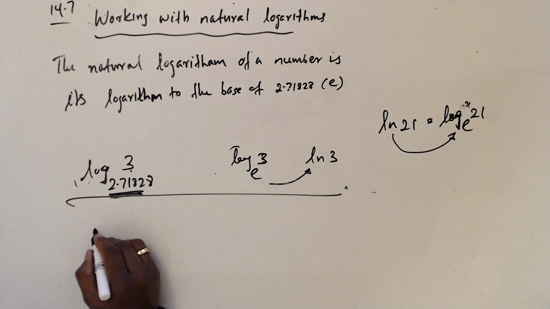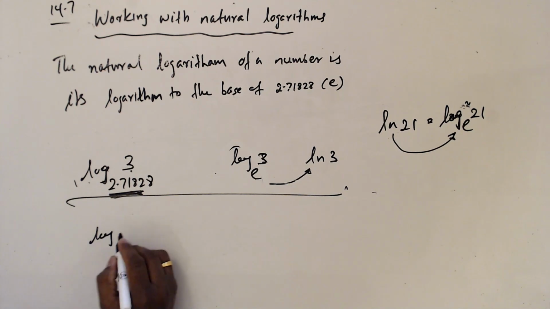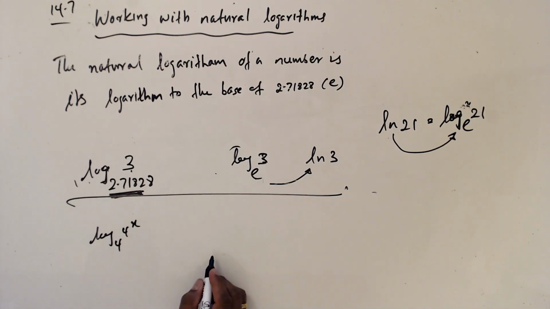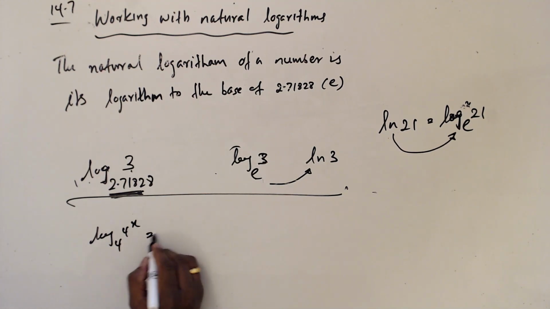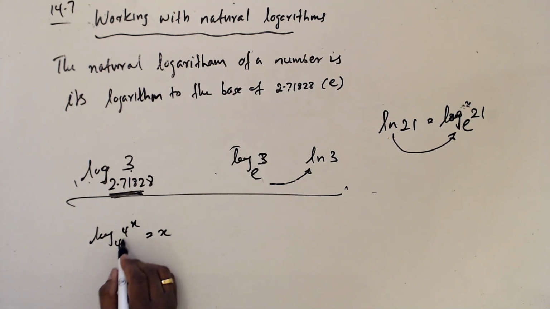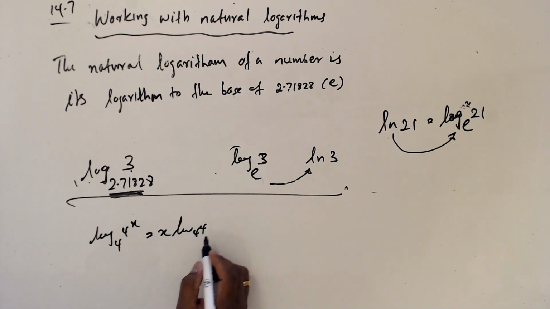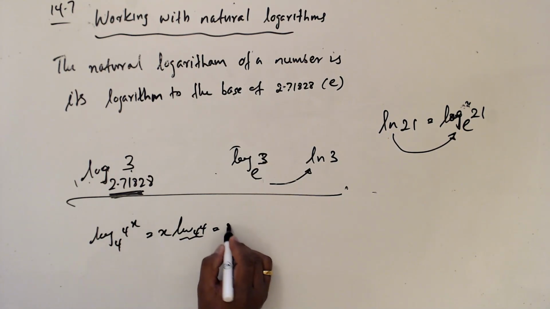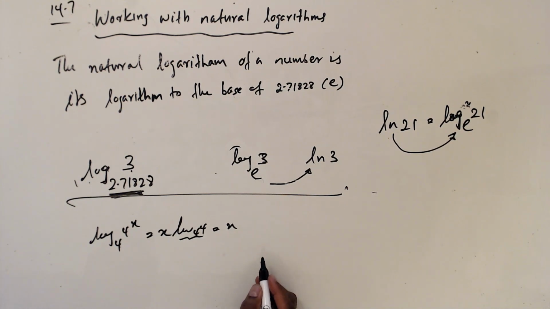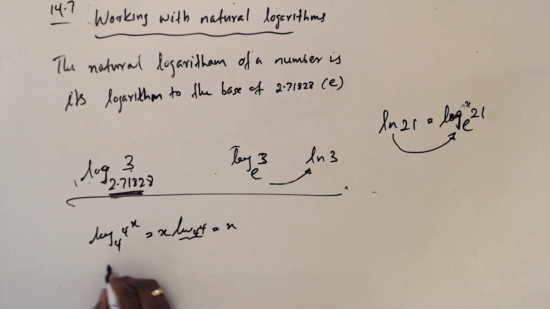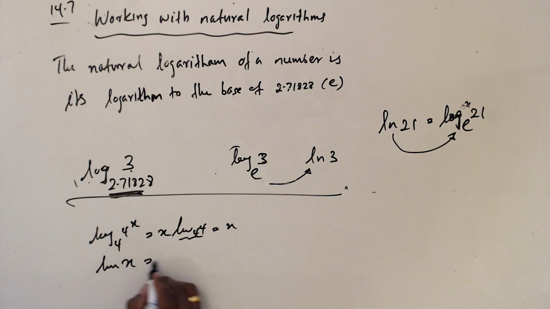Now, log base 4 of 4 to the power x. What is the value? It is going to be x, because log base 4 of 4 is 1, so x times 1. Likewise, ln of e to the x is x. Why?